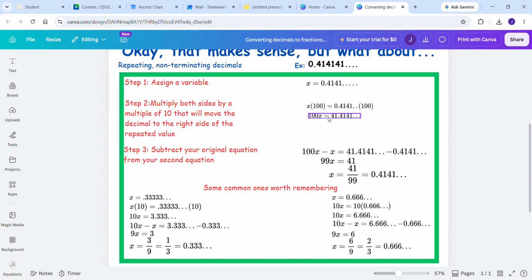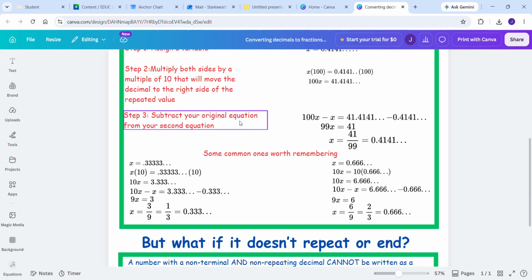In order to do that, you multiply by 100. Since you have to do both sides of the equation, you multiply both sides by 100. That gives us 100x equals 41.41 repeating.